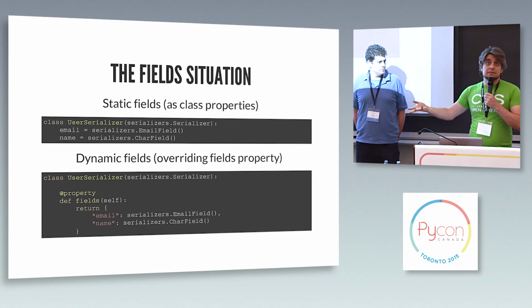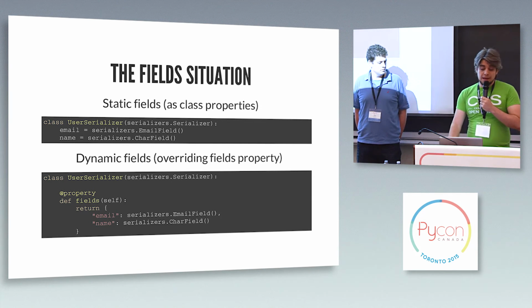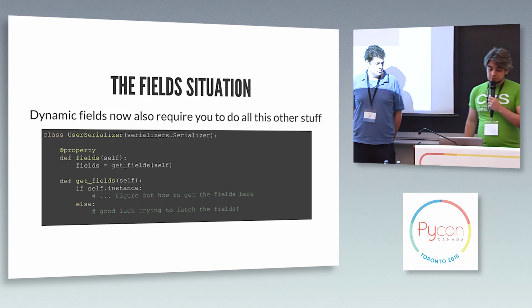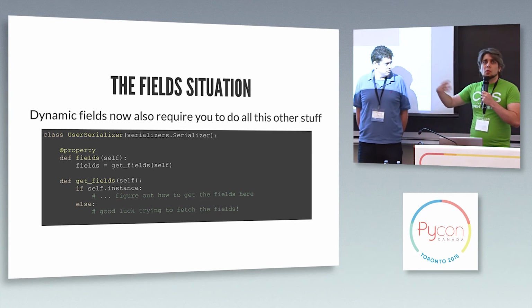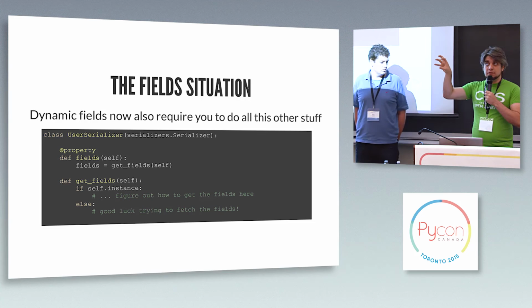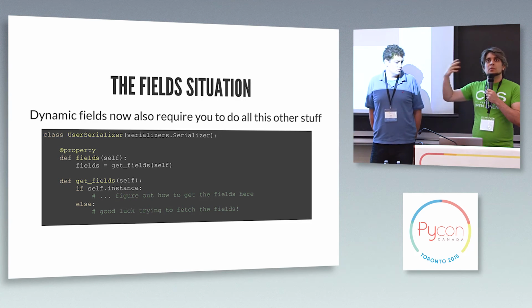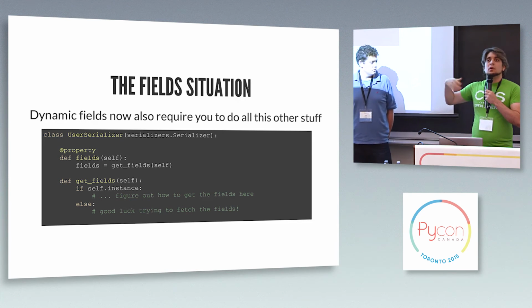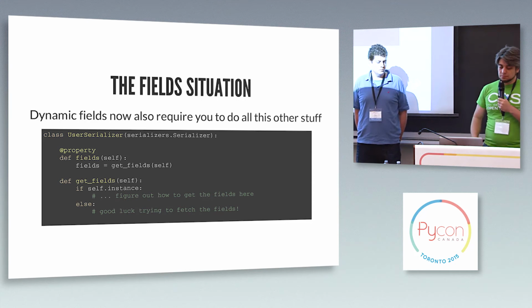So the user can define the fields. And when that happens, you usually have to keep overriding more and more functions, because the Django REST framework also requires you to define get fields in addition to fields, because they're all tied together in the way the framework is designed. So you end up overriding more and more of the Django REST framework classes.